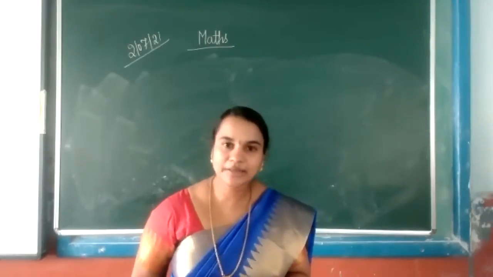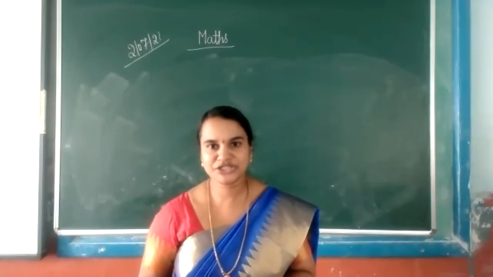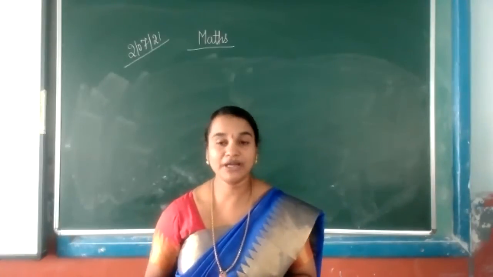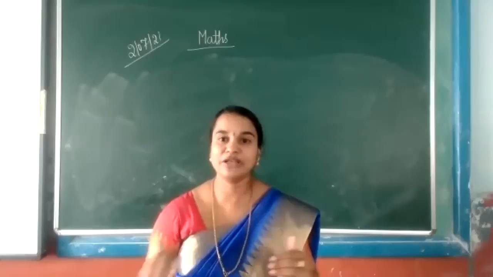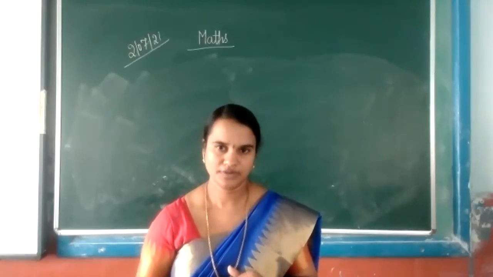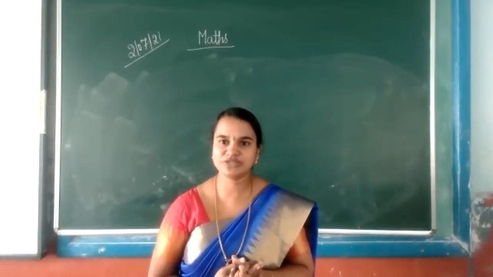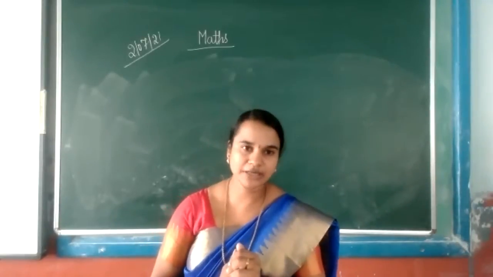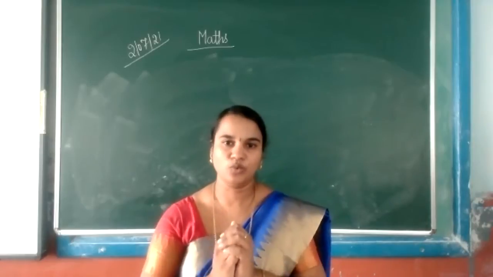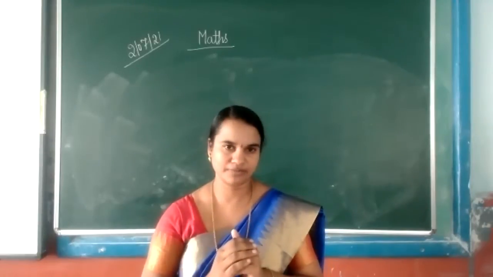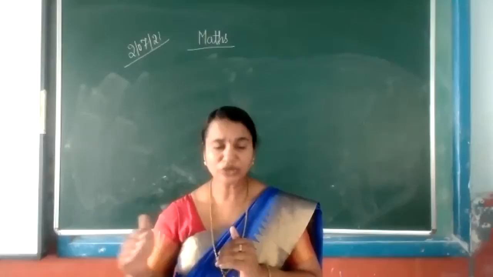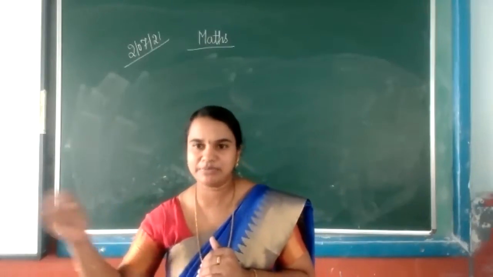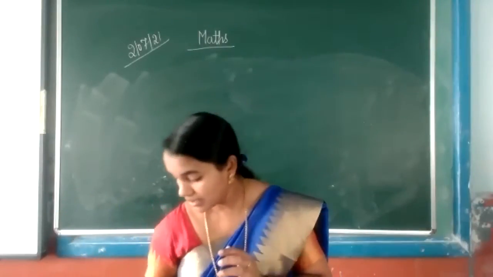Now, children, in arithmetic we always use calculation. But in algebraic expressions, we will use symbols. Two kinds of symbols: the constant and variables. The constant means which has a fixed value, and which does not have a fixed value will be variables.